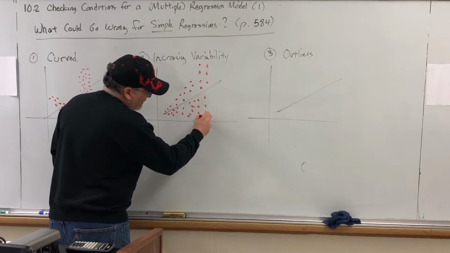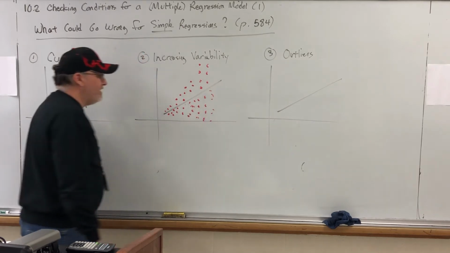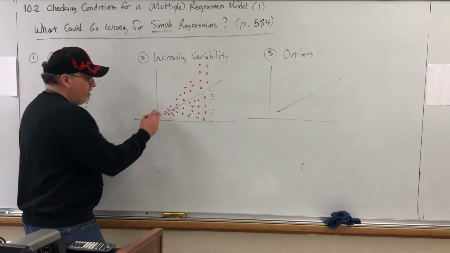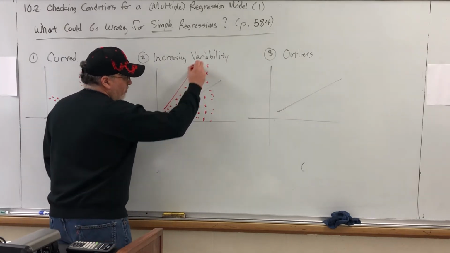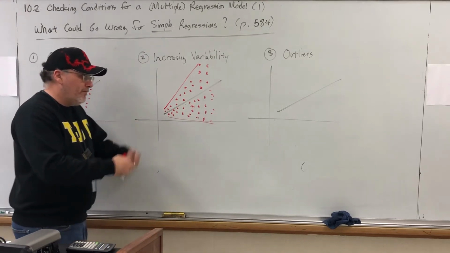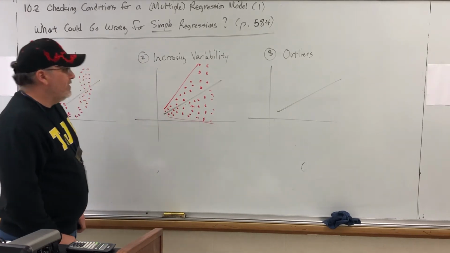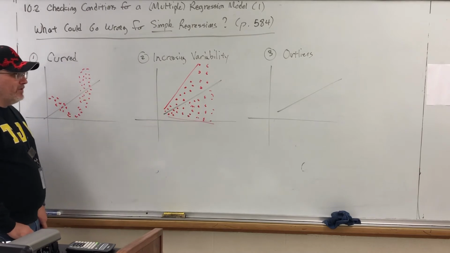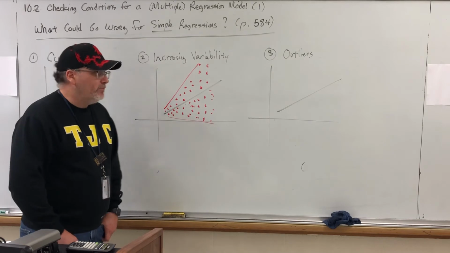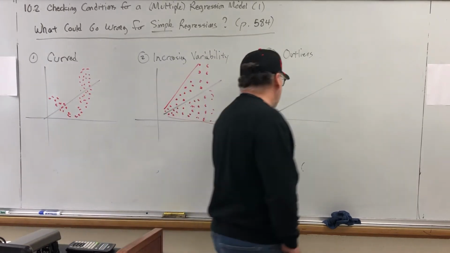One way that you can spot increasing variability is to draw what I would call a floor and a ceiling line. The ceiling line for this one would be up there, the floor would be down here, and the further out they go, the further apart they get. So that's a way that you can indicate increasing variability, another instance in which you would not want to use a linear regression.